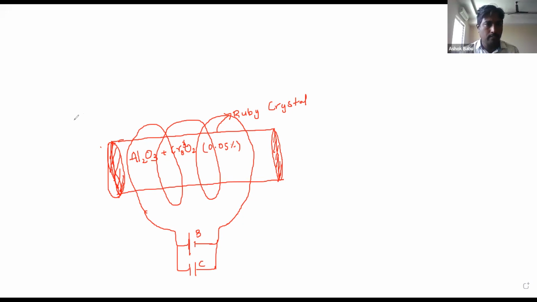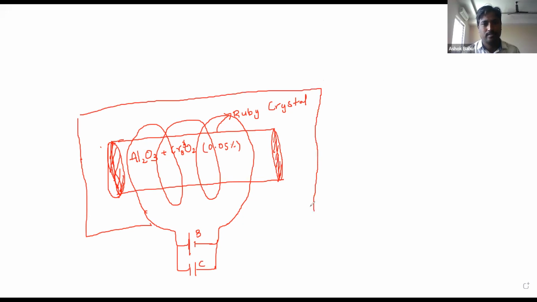The total operation is carried out within the cooling chamber. Here I am giving the inlet and outlet. Liquid nitrogen or cool water is used as a coolant here.